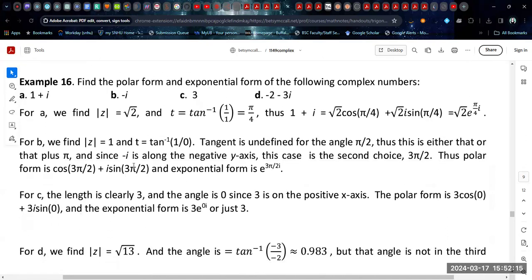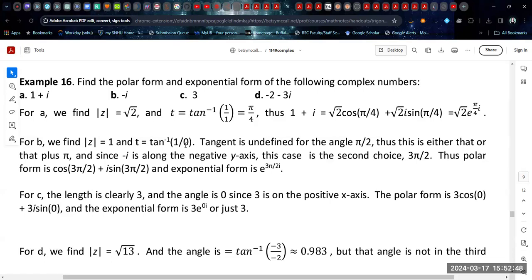So we can look at some worked examples here. So 1 plus i, the magnitude of this, square root of 1 plus 1, is square root of 2. Inverse tangent is pi over 4. And so we could represent this in polar form this way or in exponential form this way. Now for b, the magnitude is 1 and the angle is the inverse tangent of 1 over 0.